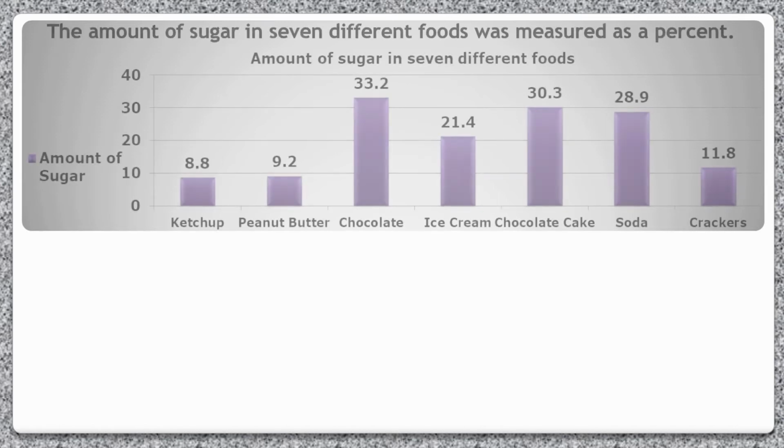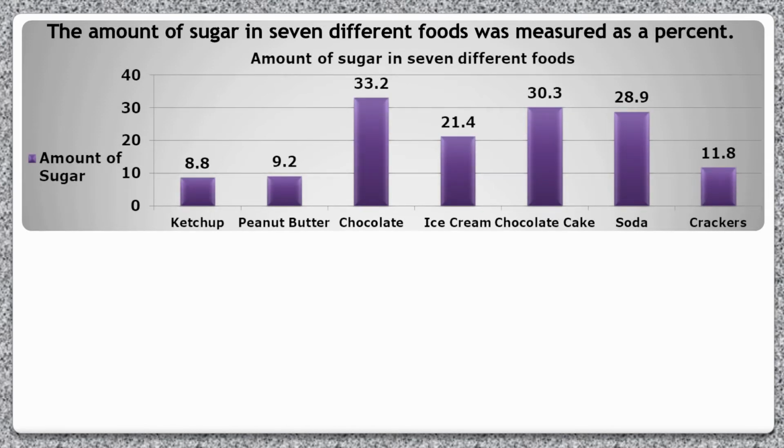Dear children, let's solve the fourth example. The amount of sugar in 7 different foods was measured as a percent. Here in this graph on horizontal line, we have ketchup, peanut butter, chocolate, ice cream, chocolate cake, soda and crackers.